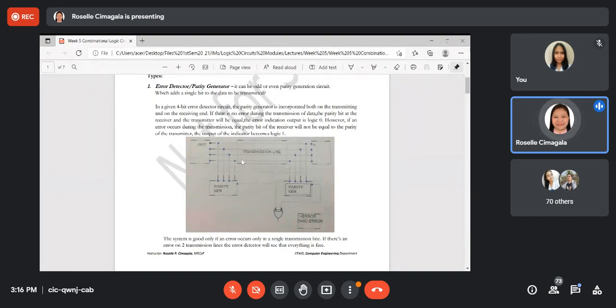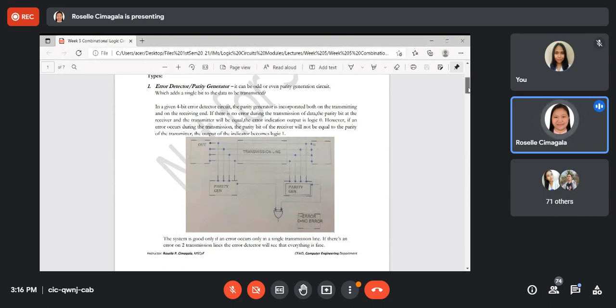So these are the uses of combinational logic circuits, guys. The XOR circuit was applied in this application. In this side, the data passes through the parity generator with XOR output to know if there's an error or not.